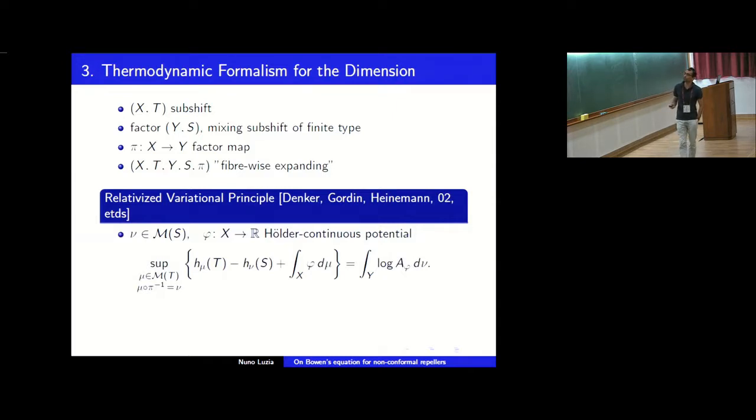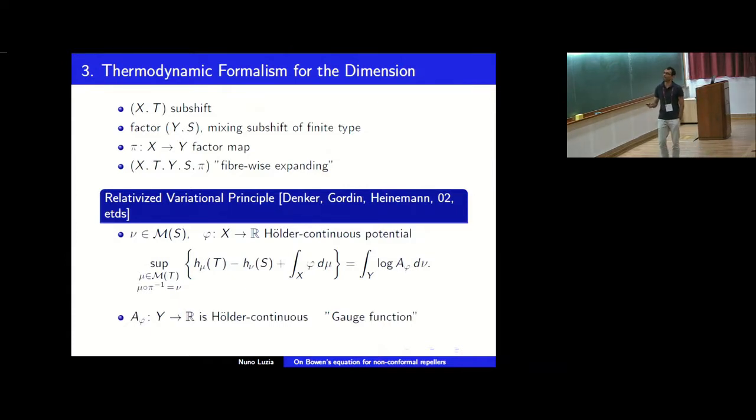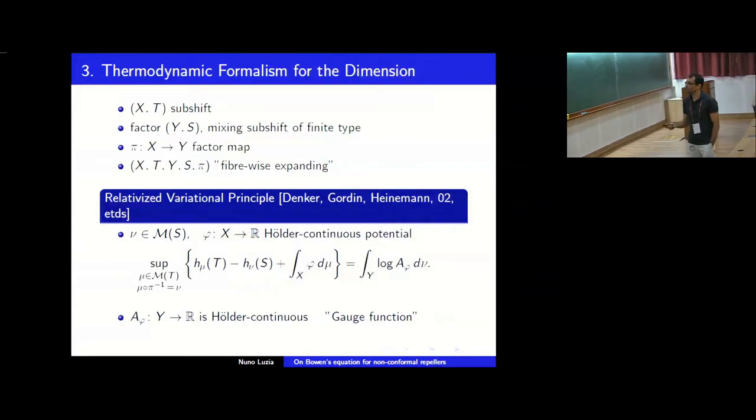So you make the supremum over invariant measures that project onto this fixed measure nu. You make the supremum over the relativized entropy plus the integral of the potential, and this will be equal to an integral over nu of a function here, okay, which depends on that potential, that is Hölder continuous, okay? So this is not the usual relativized pressure, okay? The relativized pressure is only measurable, and this will be important, okay?